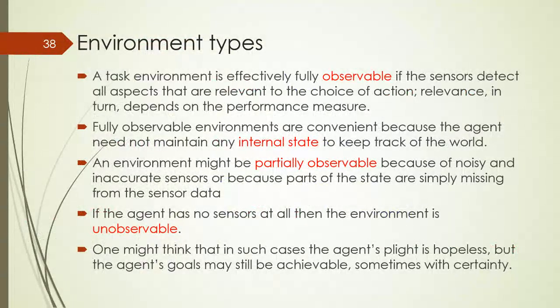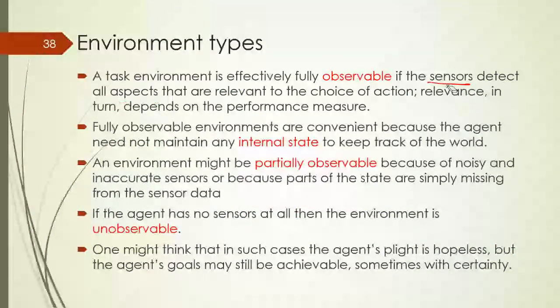We say an environment is effectively fully observable if the sensors of the agent detect all aspects that are relevant to the choice of action. Relevance, in turn, depends on the performance measure.